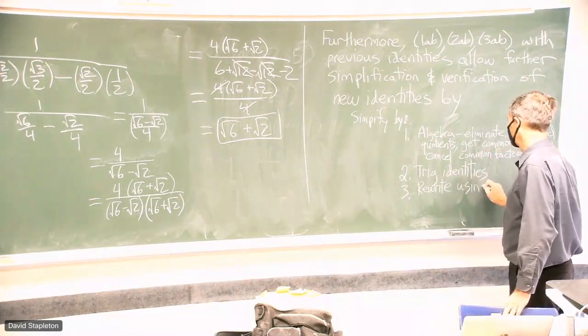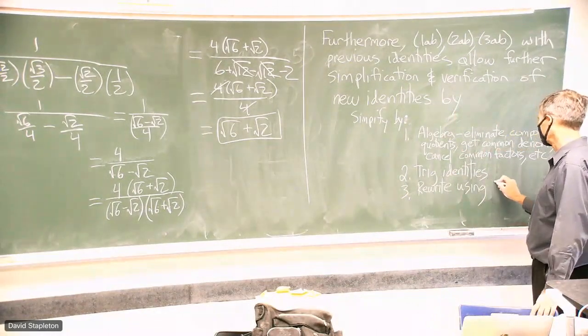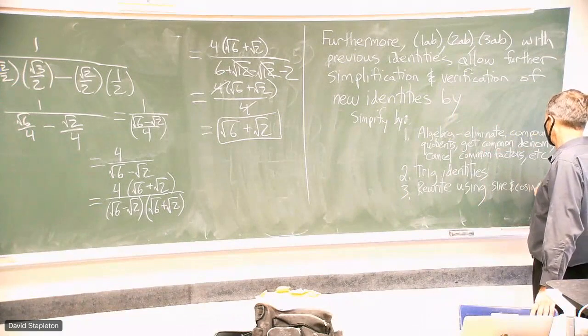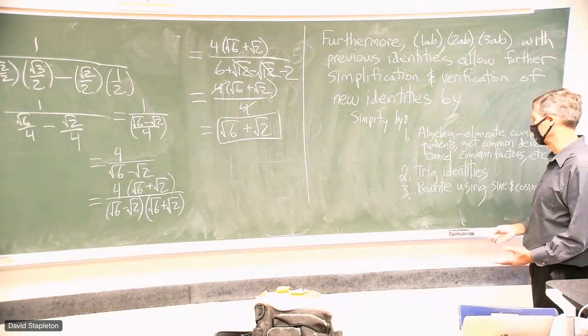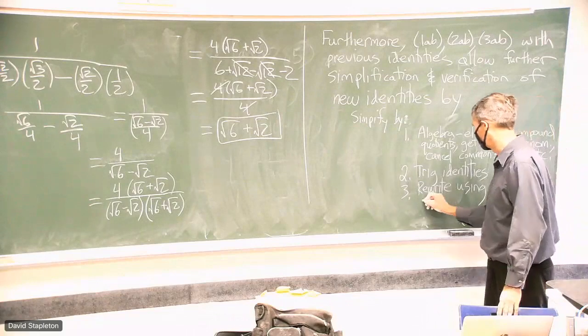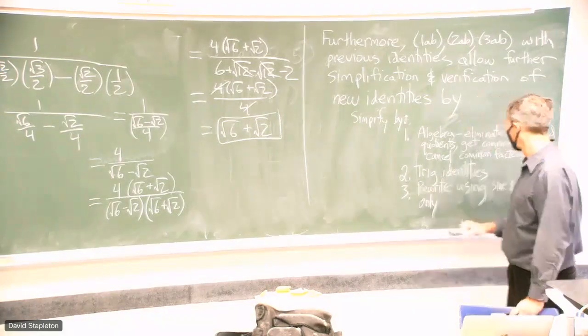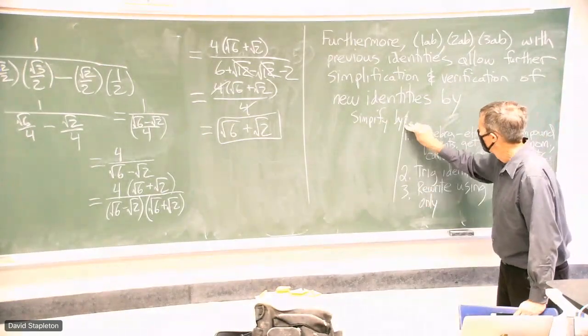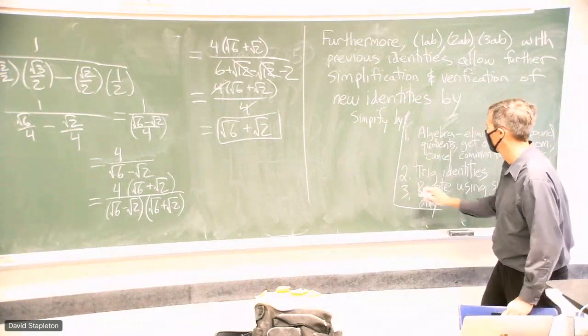Remember those rules? It's been a long time. I had to recopy these. Sine and cosine only. Now, especially if you've got more than 2 trig functions, I said, if you can reduce it to 2 trig functions, that almost always makes it easier. And then you iterate on this, right? So you repeat this part.